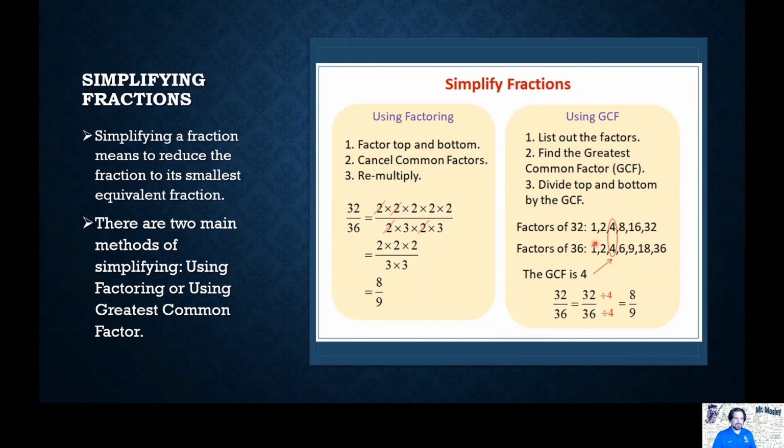Same thing with 36, we find all the factors, anything that can divide 36: 1, 2, 3, 4, 6, 9, 12, 18, 36. The largest number that both 32 and 36 have in common is 4. So we take 32 and divide it by 4, and that gets us 8. We take 36 and divide it by 4, and that gives us 9. And we get a result of 8 over 9.